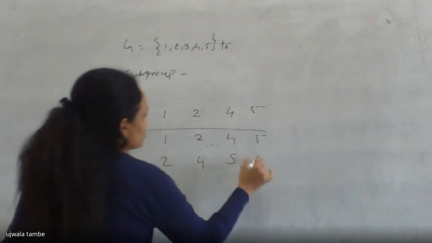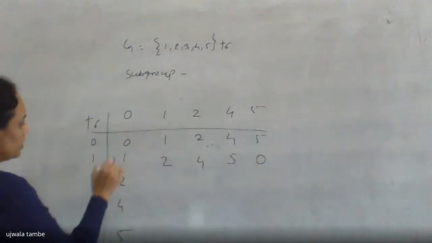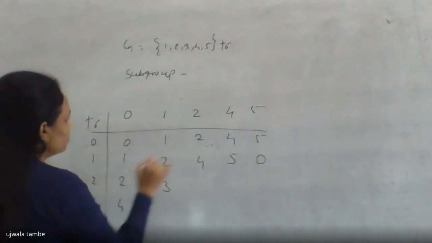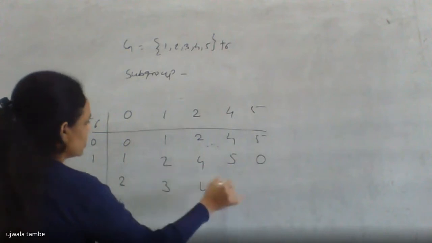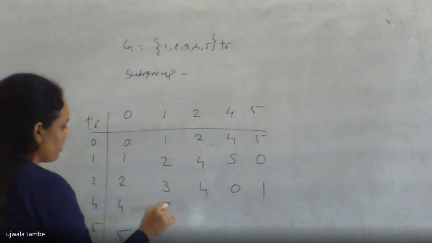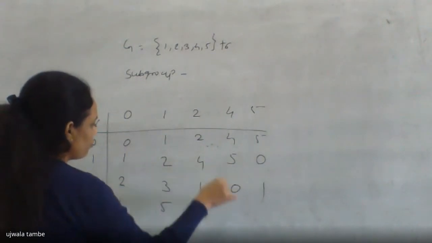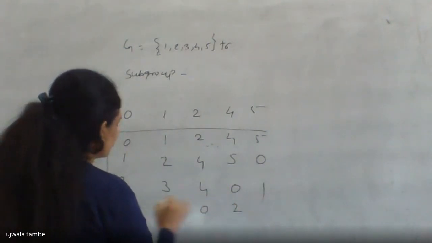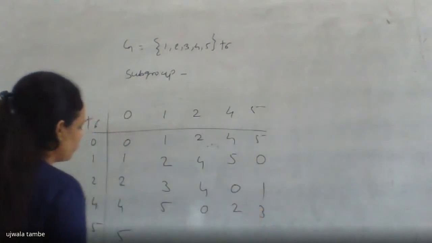6 mod 6 gives us remainder 0. Then again 2 plus 2 is 4, 4 plus 2 is 6, remainder 0, 5 plus 2 is 7, remainder 1. Again 4 plus 1 is 5, 4 plus 2 is 6, remainder 0, 4 plus 4 is 8. 8 mod 6 gives us 2 and 9 gives us 3.